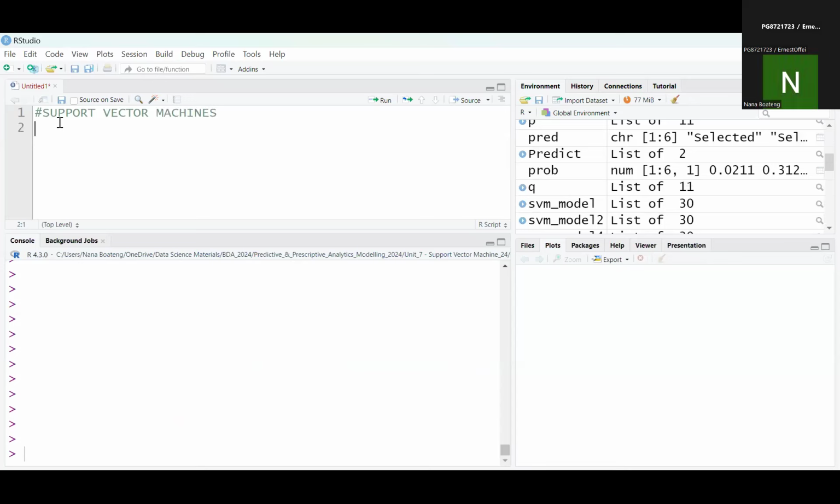Okay, so first of all, let's do our installation. Let's install the package that is used for support vector machine. We use the e1071 package. When we are done with the installation, then call it from the library.